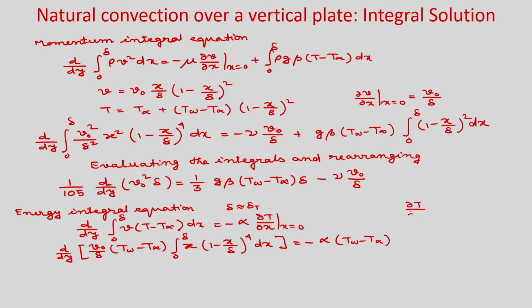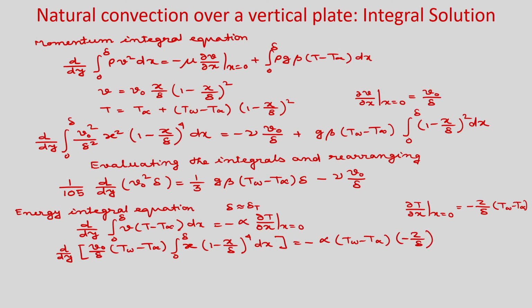If you find del t by del x at x equal to 0, from here you can see it will be minus 2 by delta into (T w minus T infinity). Okay. So, from here you can see, it will be minus 2 by delta.